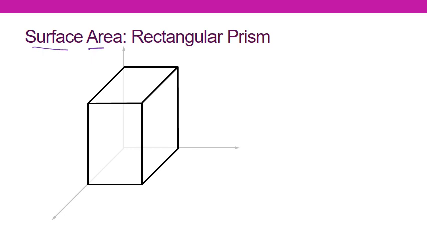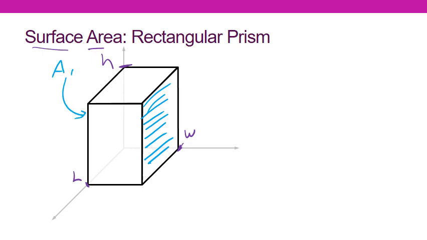Well, let's suppose that it has a length and a width and a height. Now you can sort of see what the pattern is going to be. We've got an area here that we want to know, and we're going to have the same thing over here. So we call that A1, and this is the same A1. And we're going to have an area here and on this backside.